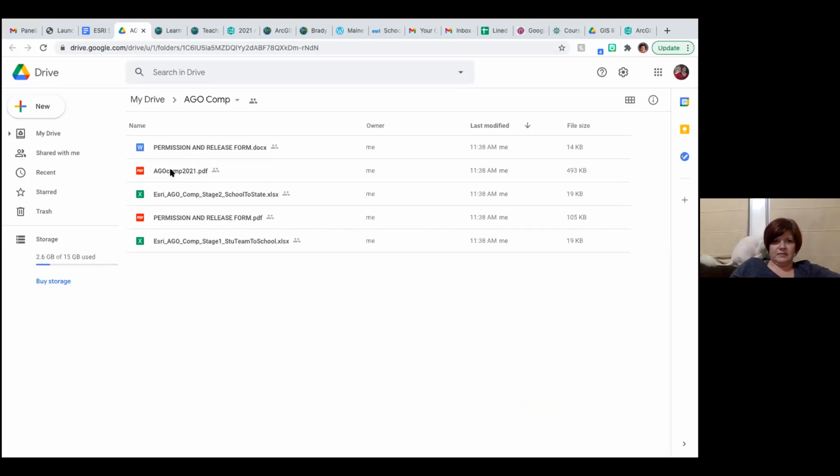There's a PDF infographic that I showed you before about the ArcGIS competition, and how it goes from the state, and the schools can submit 5 and the state can submit 5. And then there are a couple of spreadsheets on here that give you step-by-step information for your students to submit their projects.